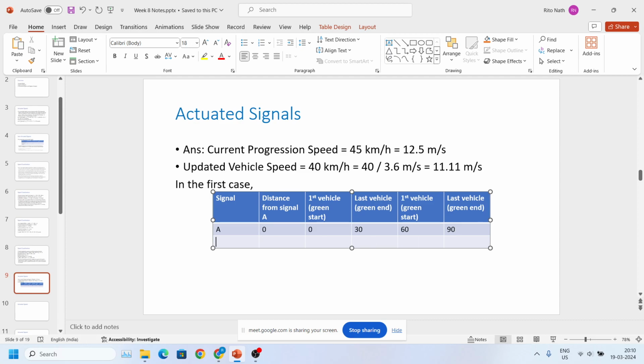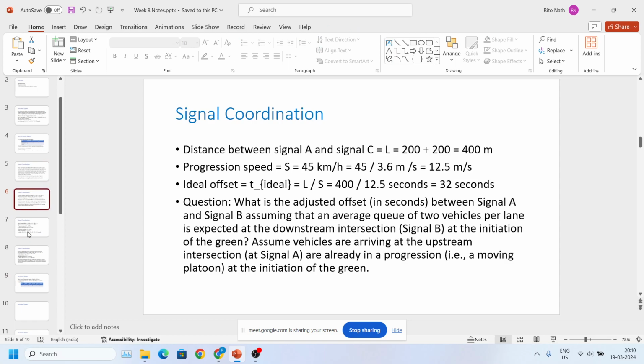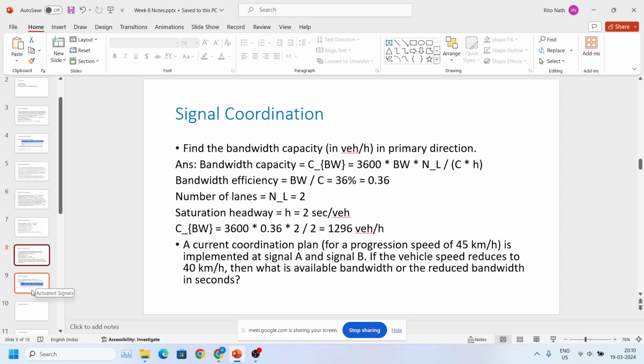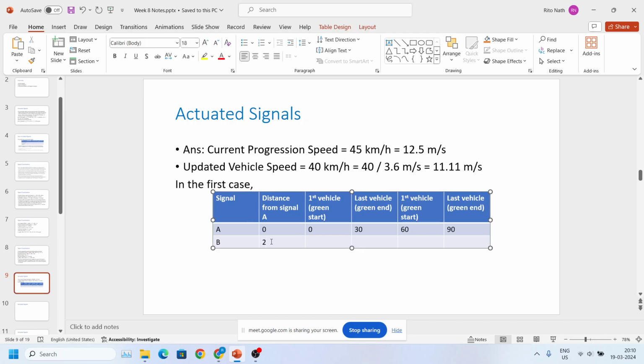For the next one, which is B, this distance is 200 meters, I think, in this example, so this is in meters. Then you have the first vehicle's green start. This is nothing but a division of 200 divided by 12.5 in the first case, which gives you 16.